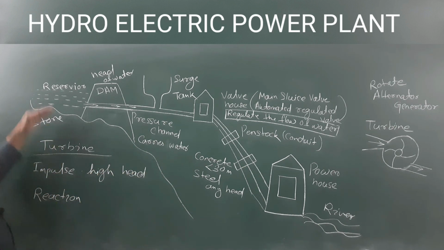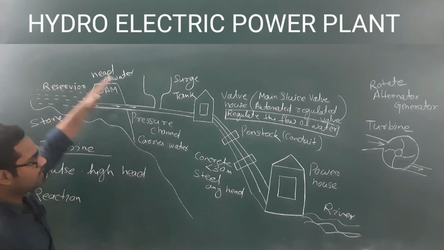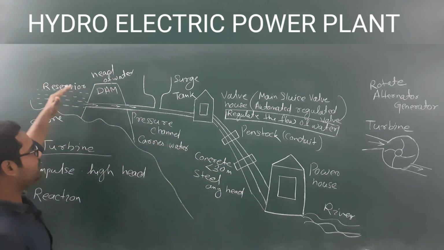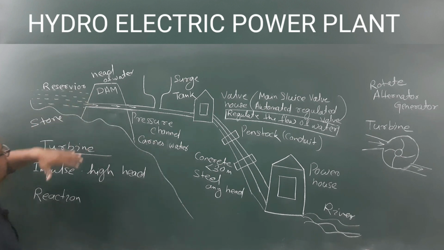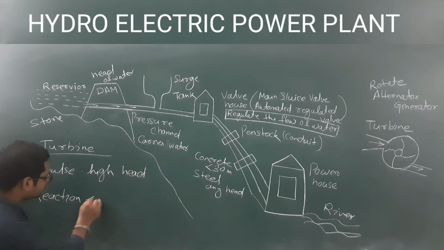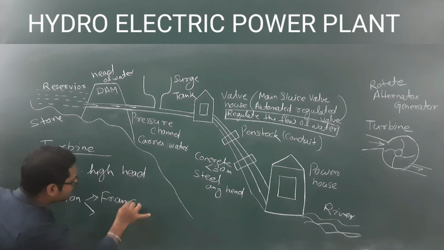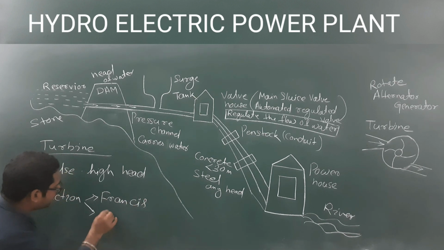High head means the reservoir height and the power site height is very high, then at that time the impulse turbine is used. And in the reaction turbine, two turbines are there: Francis and Kaplan.